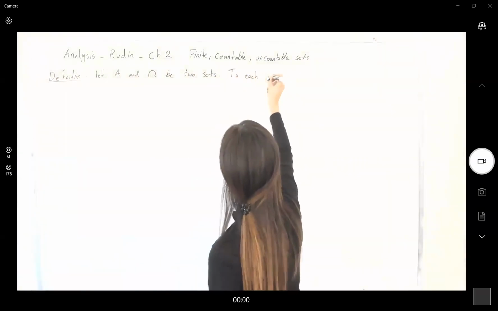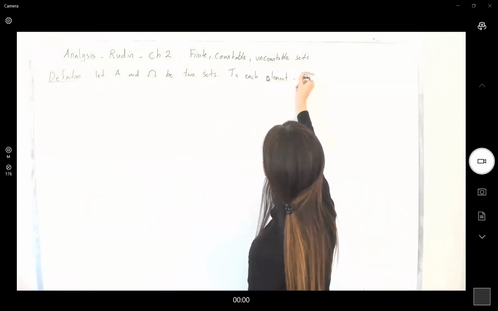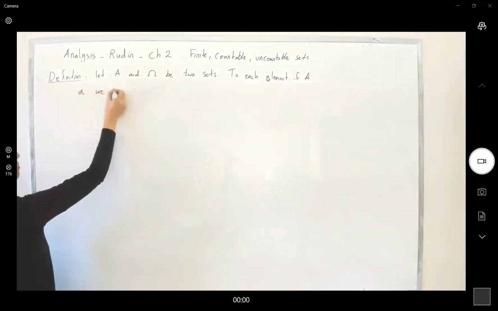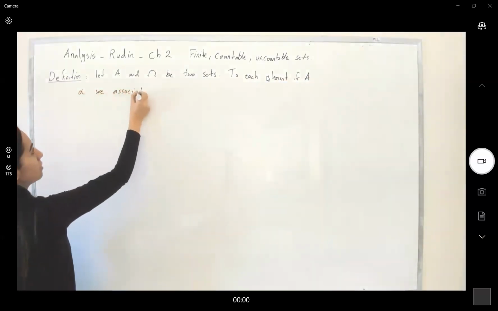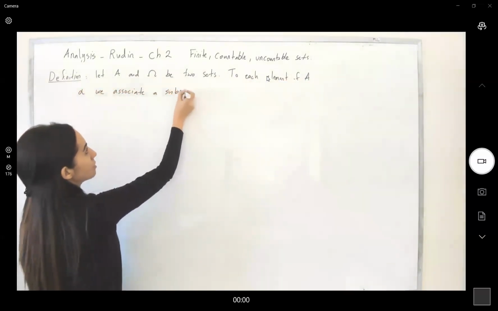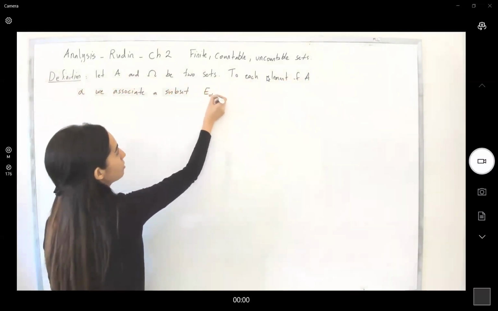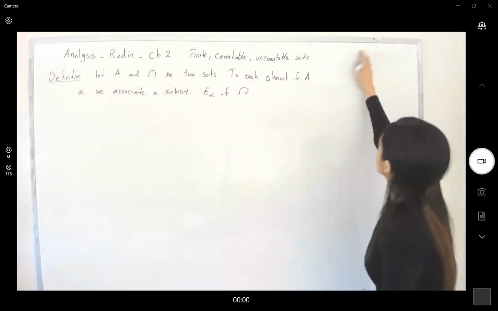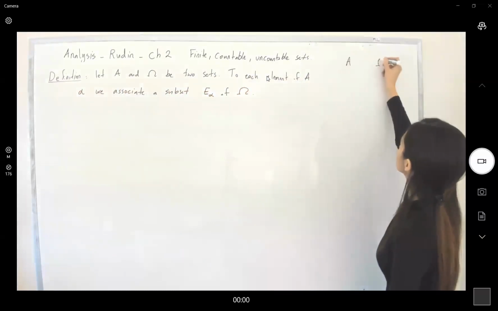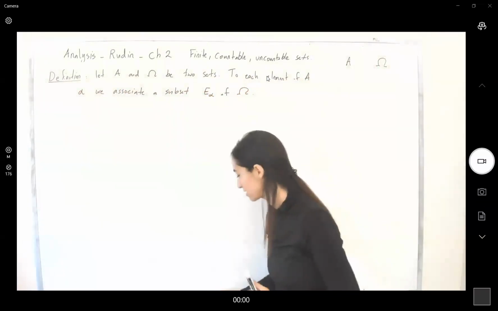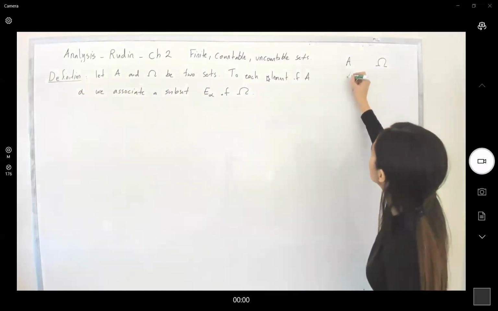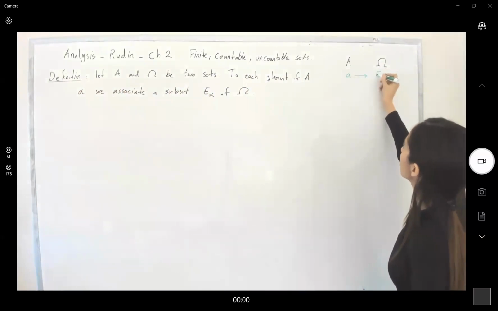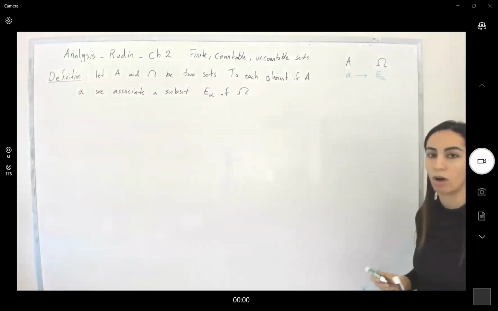To each element of A, like alpha, we associate a subset E alpha of set omega. So we have A and we have omega. We take elements in A, like alpha, and we associate them to subsets of omega, E sub alpha.